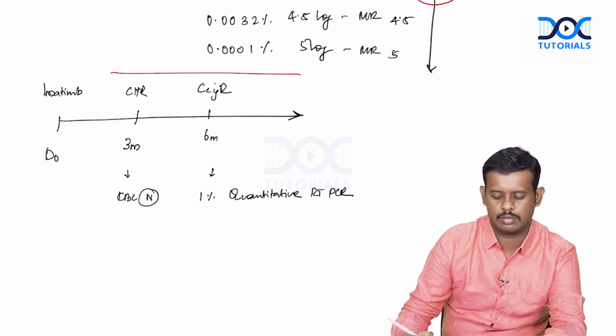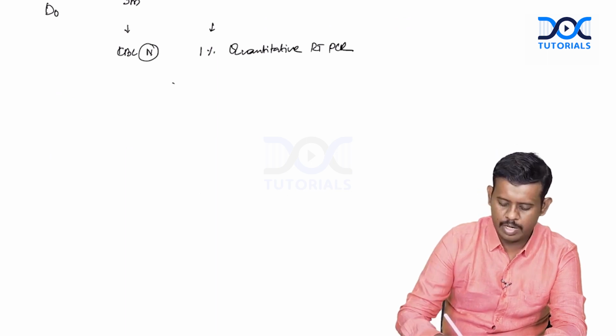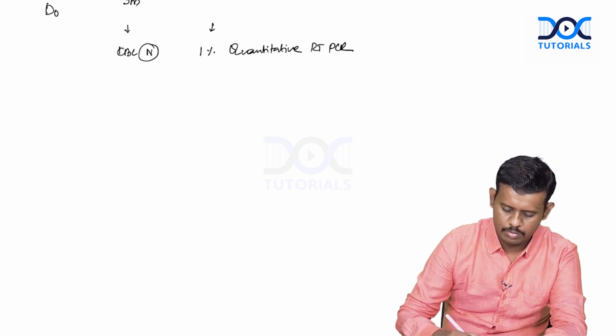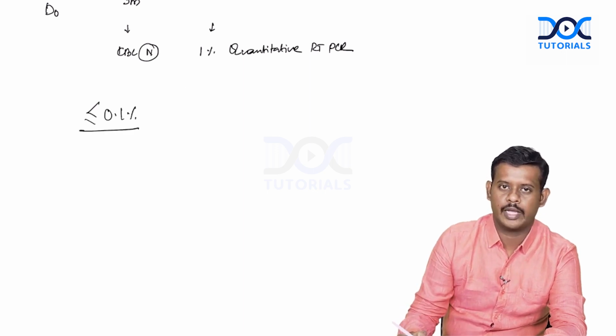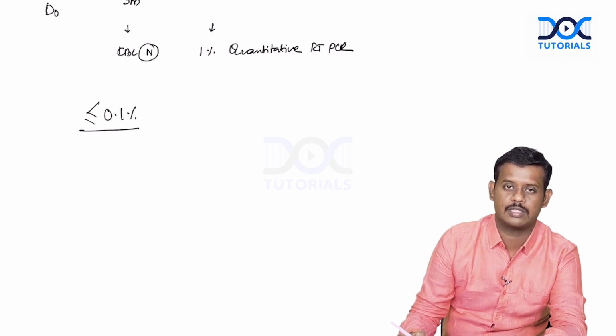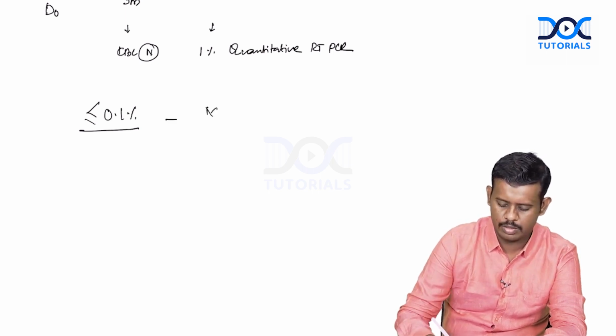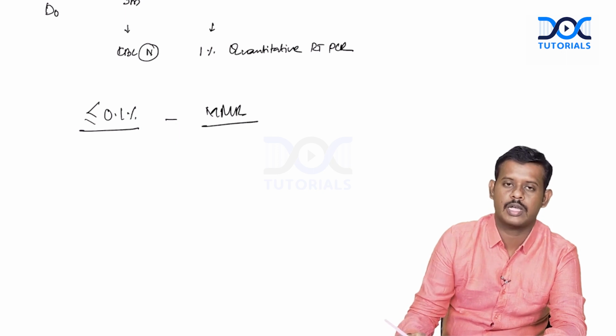This is how you monitor. And anything as 0.1 or below, less than or equal to 0.1%, is your goal for any patient being started on any treatment. So this is your goal, that is major molecular response or MMR. This is what you are working towards.